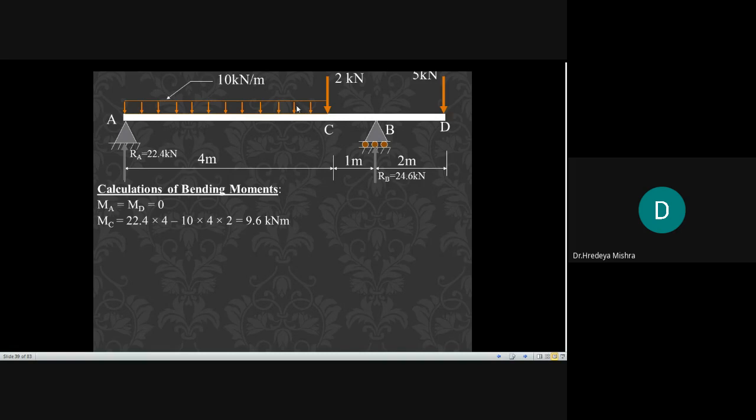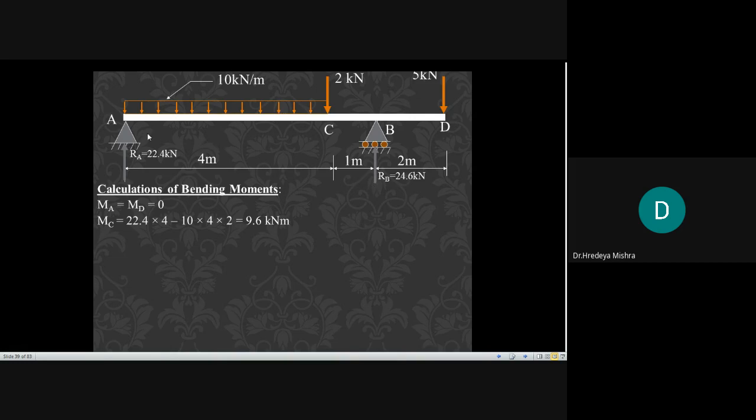Okay, now we calculate at the point C. So we just consider left hand or right hand. So we consider here the right hand. 5 into this distance, 5 into 3, and 24.6 into 1. So that is the calculation here.